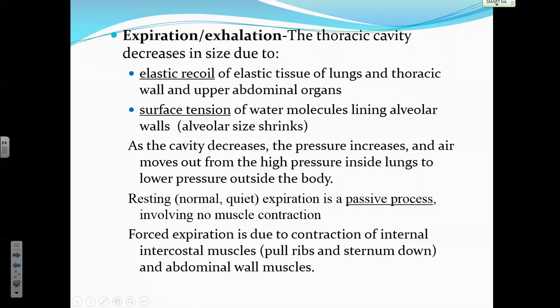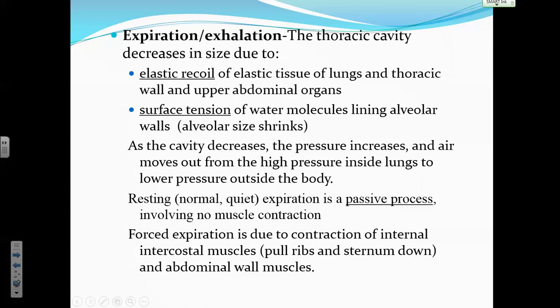Elastic recoil, you've got a lot of elastic tissues in the body, and whenever they're stretched or pushed on, they're going to rebound. So it's just a rebounding. For example, when the diaphragm contracts, it drops down, and doesn't that squish on the liver and the upper abdominal organs? They're going to rebound to push that diaphragm back up.